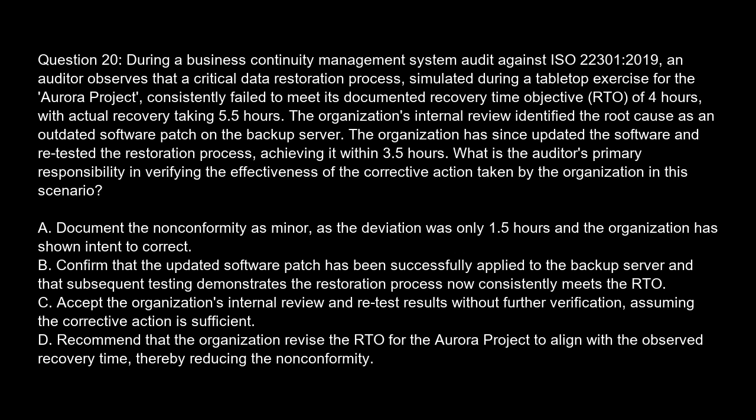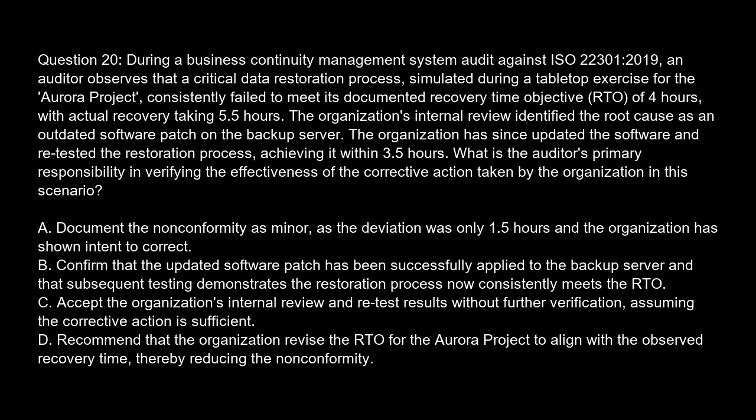What is the auditor's primary responsibility in verifying the effectiveness of the corrective action taken by the organization in this scenario? Option A. Document the nonconformity as minor, as the deviation was only 5 hours and the organization has shown intent to correct. Option B. Confirm that the updated software patch has been successfully applied to the backup server and that subsequent testing demonstrates the restoration process now consistently meets the RTO.